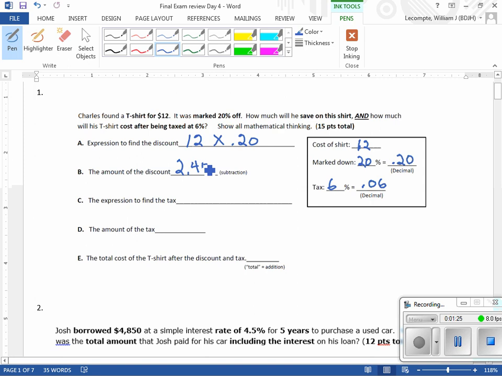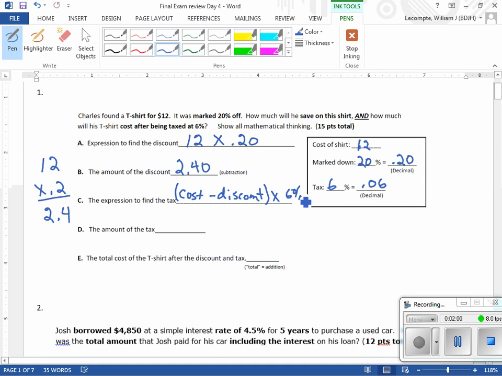12 times 0.2. The expression to find 12 times 0.2 is 4 and 2 and only one decimal. Right, the expression to find the tax is going to be the cost of the t-shirt, minus the discount, all times 6%.